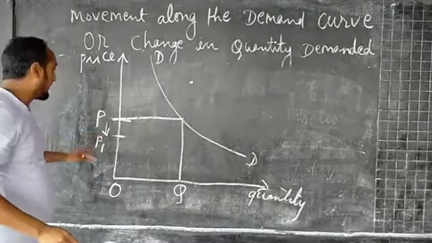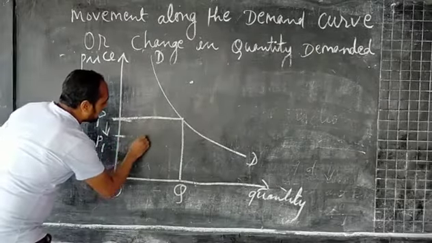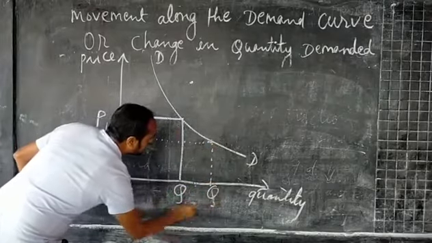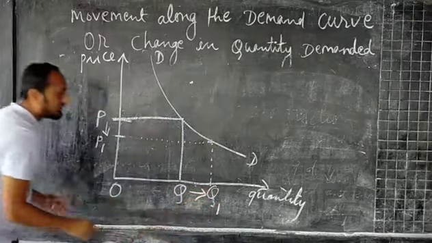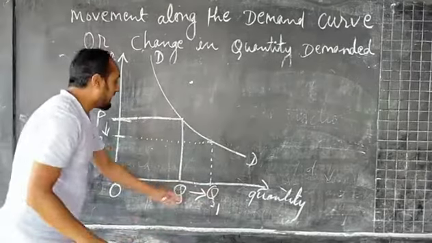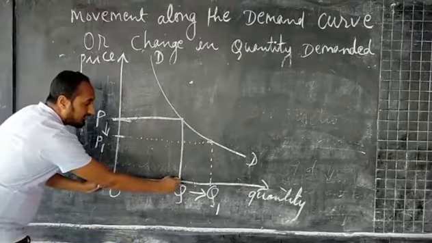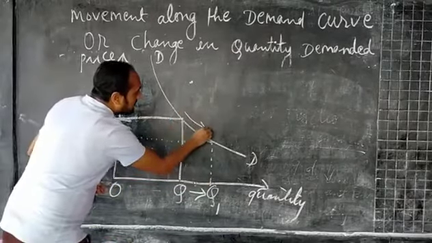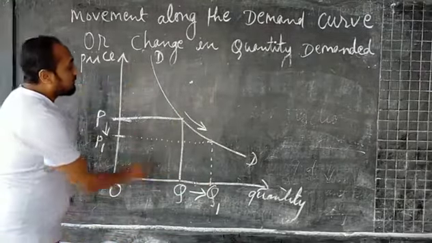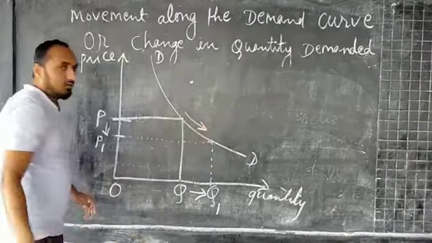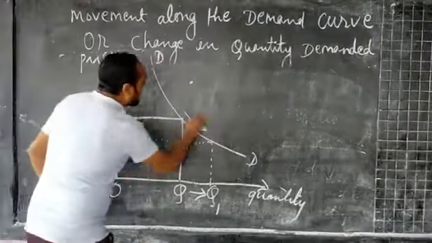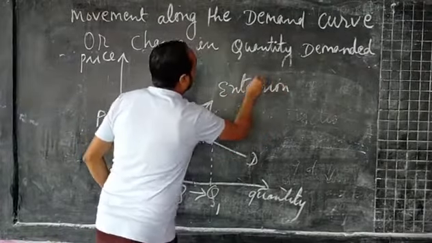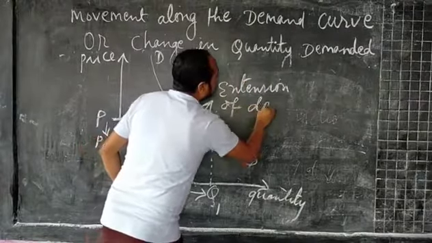The quantity demanded will increase from Q to Q1, a rightward movement along the quantity axis. On the demand curve there will be a downward movement. This indicates the extension of demand.